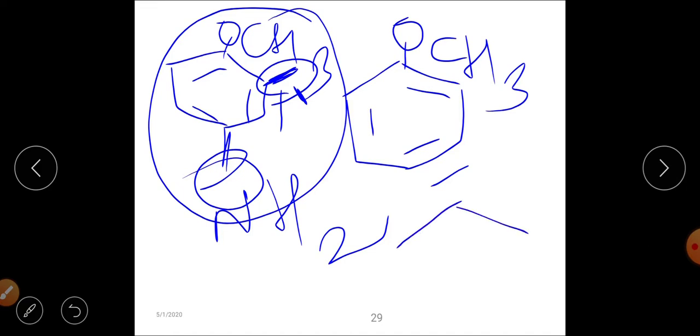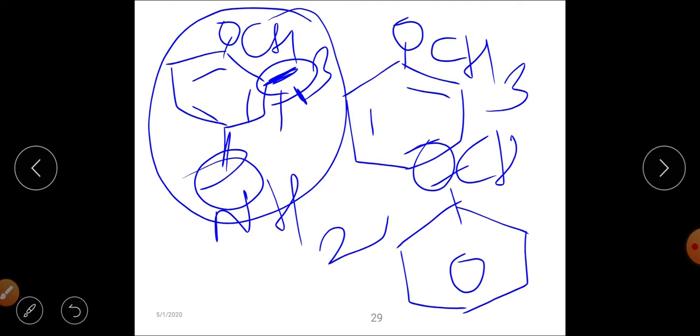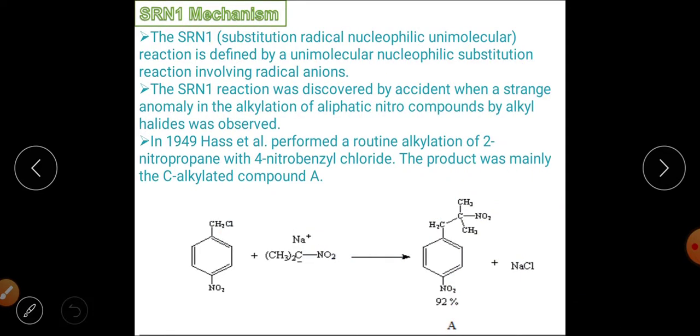So in both cases this will be the main product, that is OCH3, and at the meta position there is an NH2 group. The reason behind that is that both substrates are proceeding with the same benzyne, right? So that's all about the benzyne mechanism.